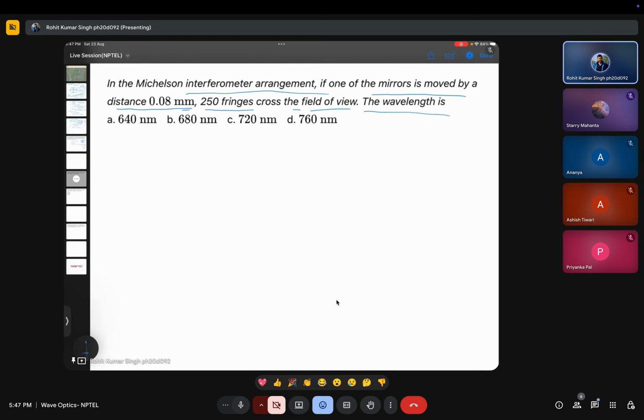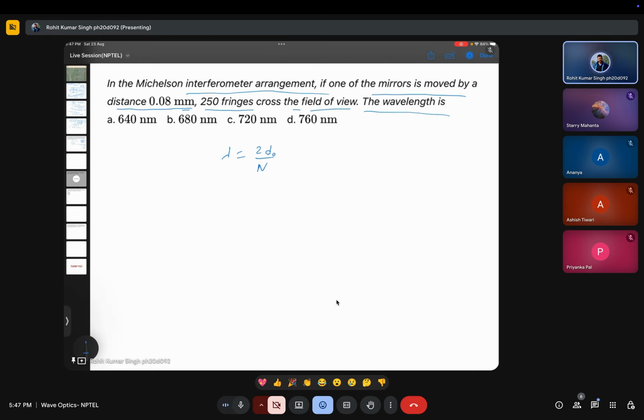The wavelength is? This one is also very similar, straightforward, based on that formula. So what is the formula? Basically lambda is 2d naught by n.